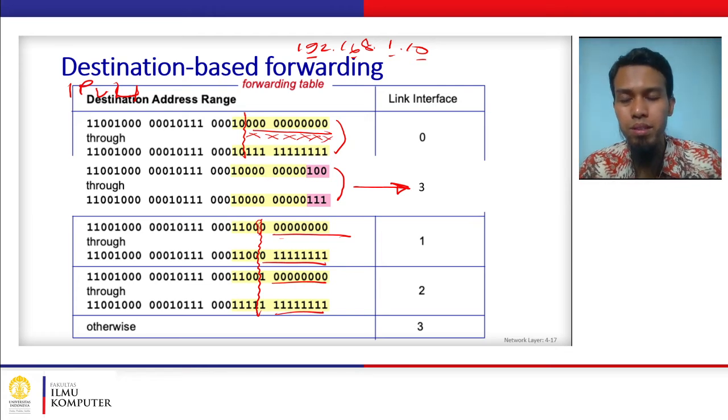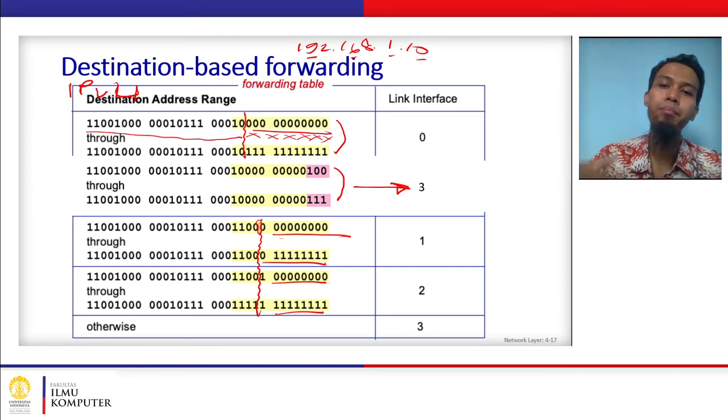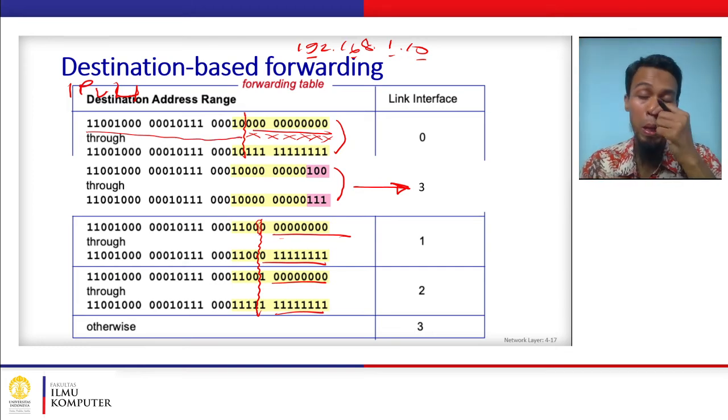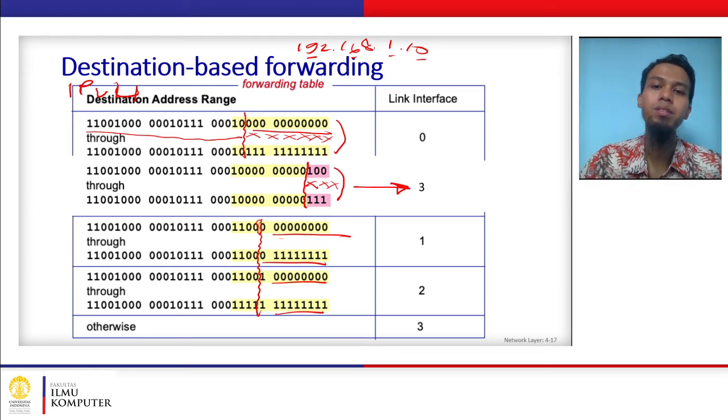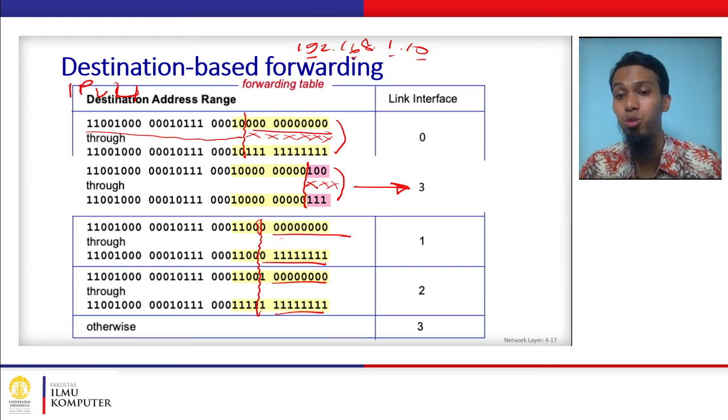As long as an incoming IP address has this prefix, we match it. For the second one, the matching goes up to this part, and we define the rest with x, or don't care, like in digital systems.